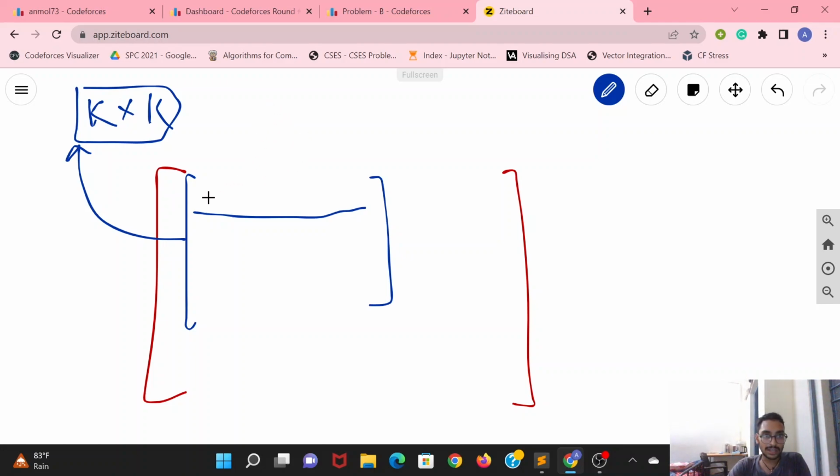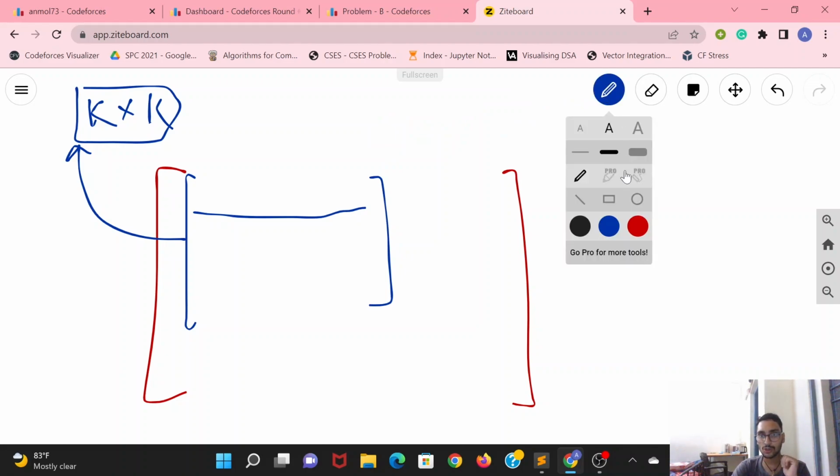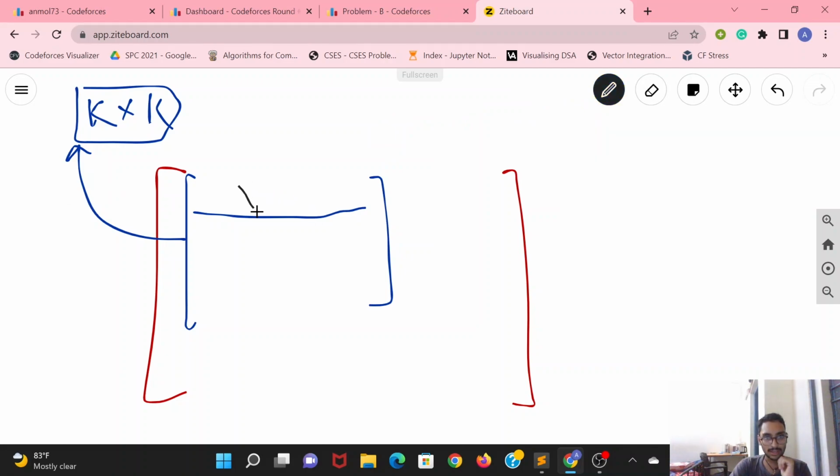Now in these k elements, we need at least one x, and we want the minimum number of x's. So the optimal thing would be to use one x. So suppose I use the x somewhere in the middle, say. Let's not assume at the beginning or somewhere. Let's take somewhere in the middle. Now, what are the implications of adding this x?